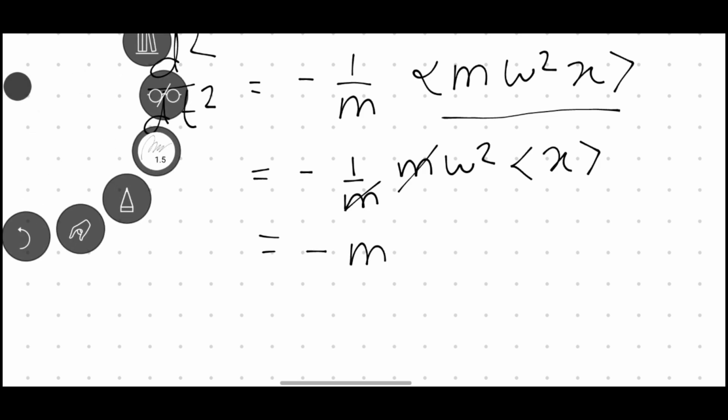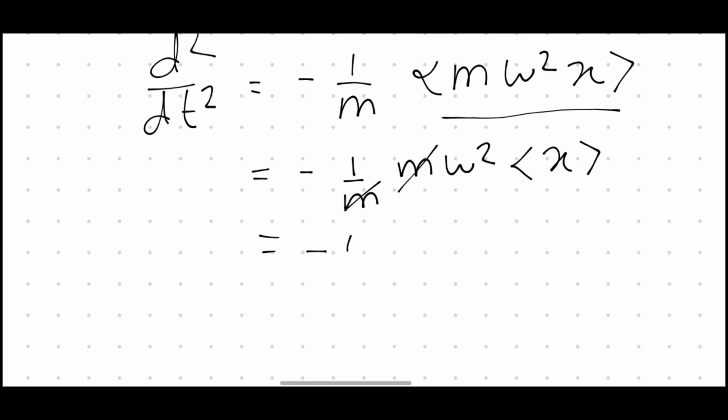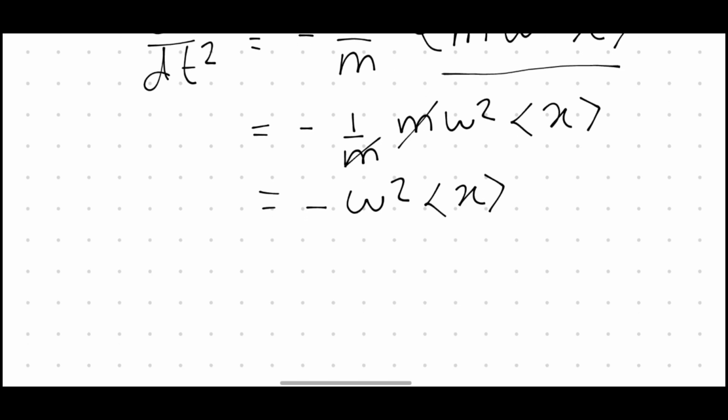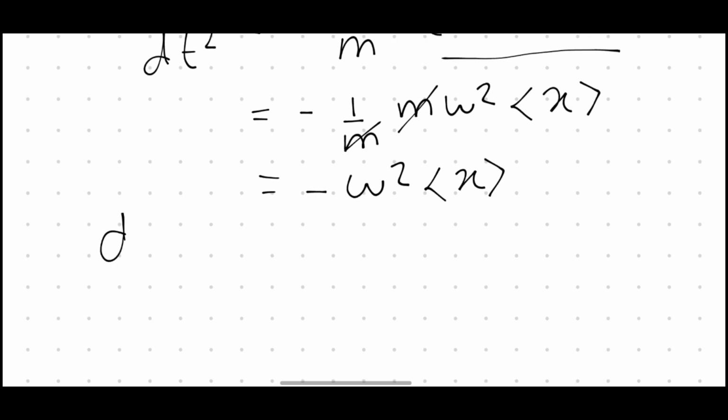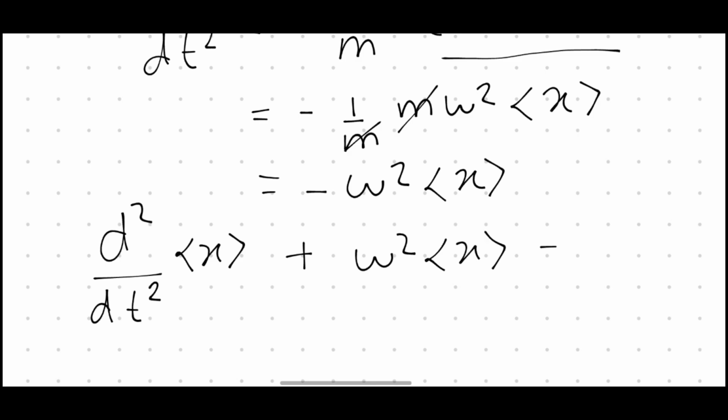This is going to be minus omega square expectation x. So the final form of the equation looks like this: d square upon dt square of expectation x plus omega square expectation x is equal to 0, and we are just going to bracket this up.